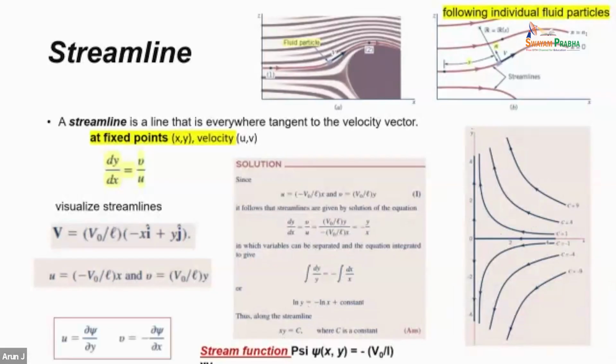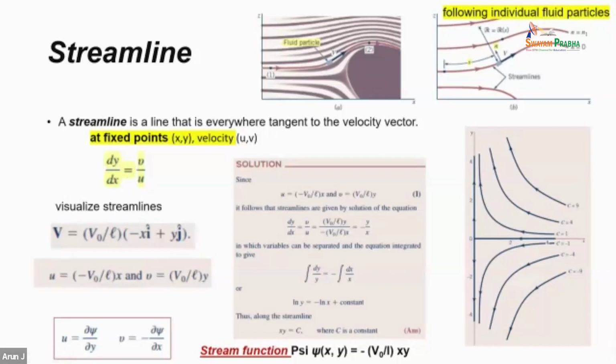Such kind of function we call a streamline function, and along this streamline function, it follows this relationship. This is psi: d psi/dy equals u, and d psi/dx equals negative v, and it automatically follows this relationship. So this is the streamline function.